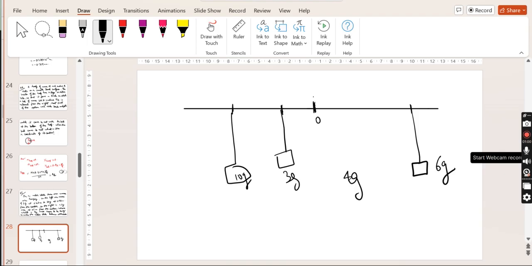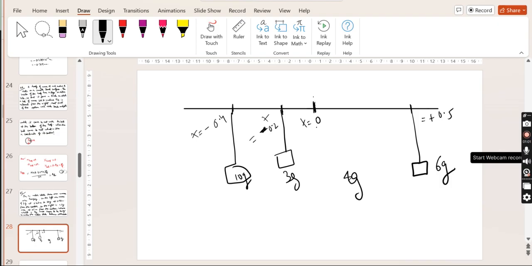Here we put this as the x coordinate, here is 0. This x coordinate is 0.2, let us take minus 0.2. This x coordinate is minus 0.4. This is plus 0.5.